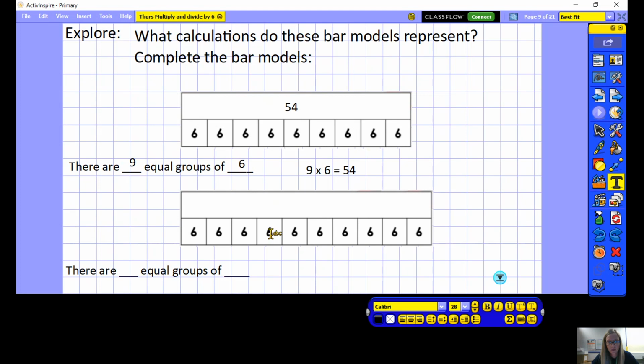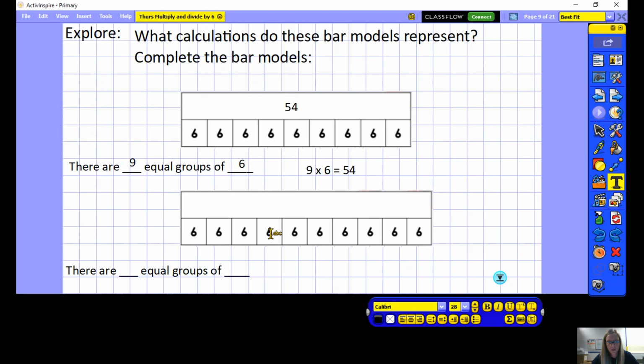Here's another example. 48 divided by 6 equals, so I've drawn 48 dots in my array here in 6 equal groups. So 1 group, 2 groups, 3 groups, 4 groups, 5 groups, 6 groups, 6 equal groups.